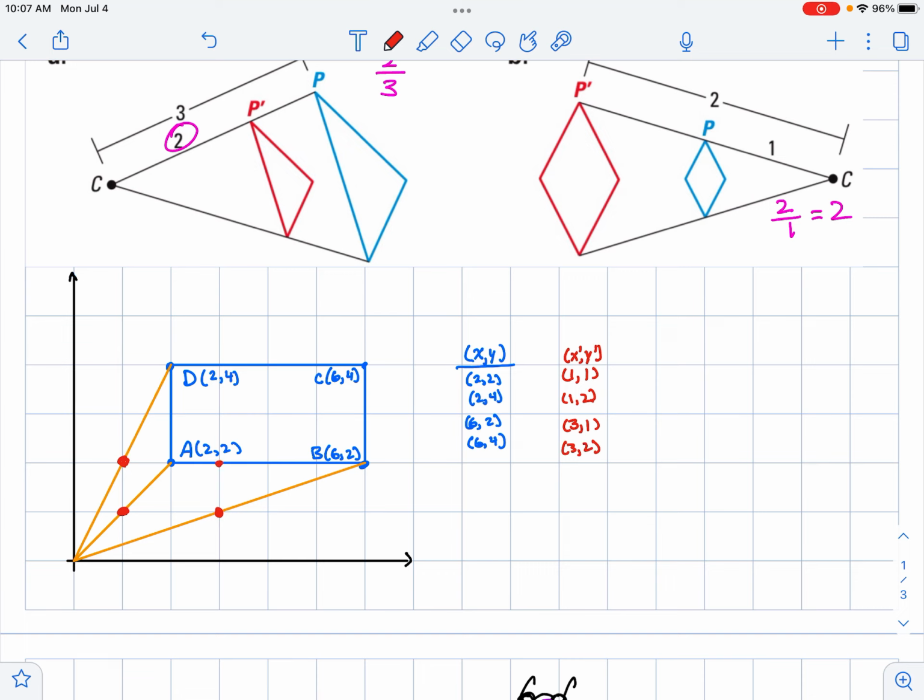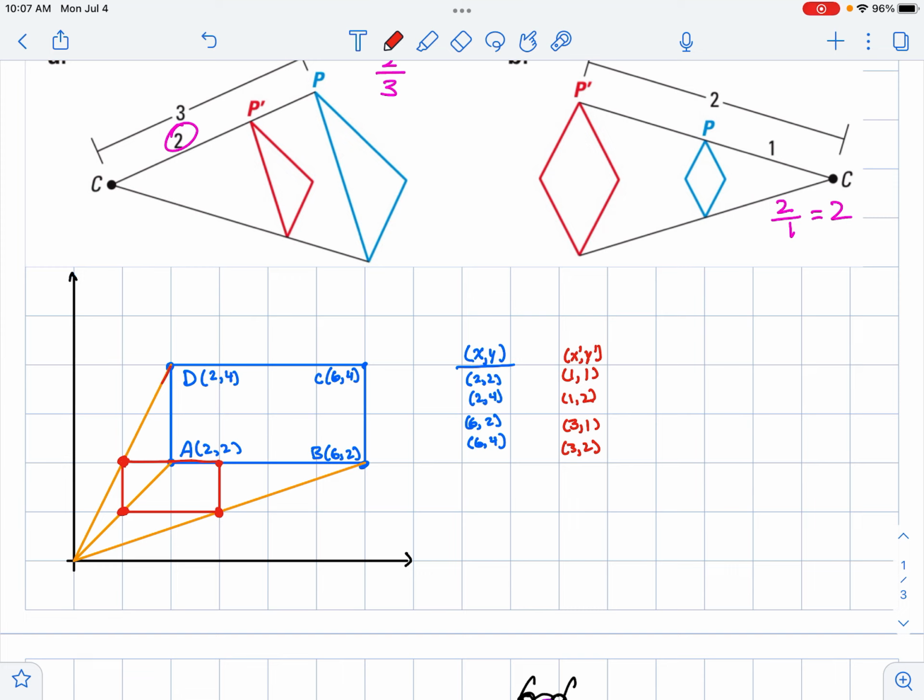Now here is the result of that dilation. So that's us applying a 1/2 dilation. Now, I want to show you something here.